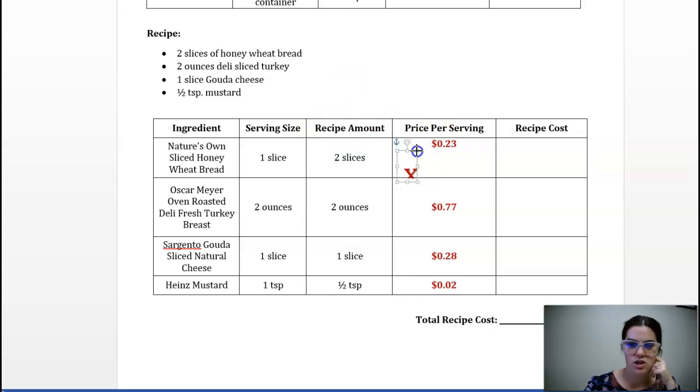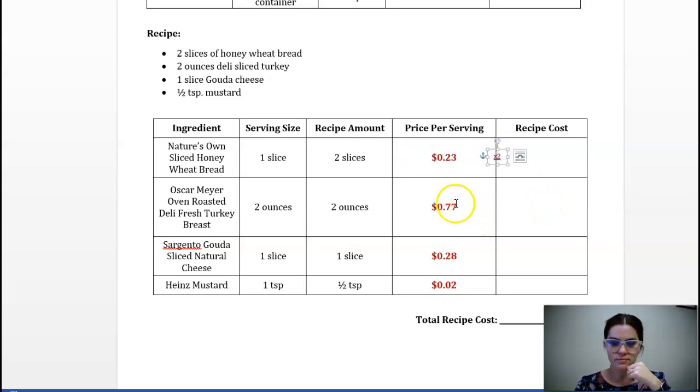I'm going to make this a little bit bigger so it can be bold. Okay, so our factor is times 2.